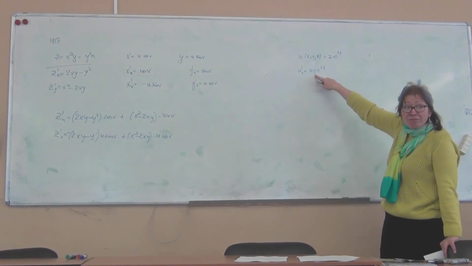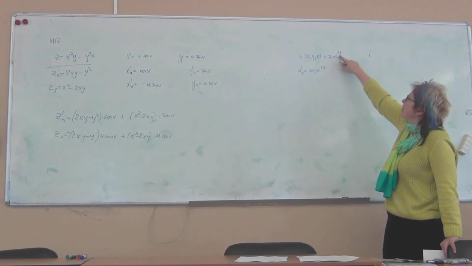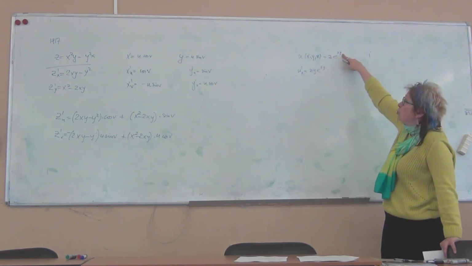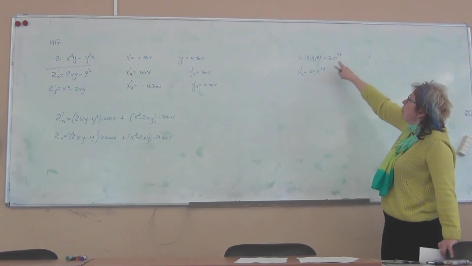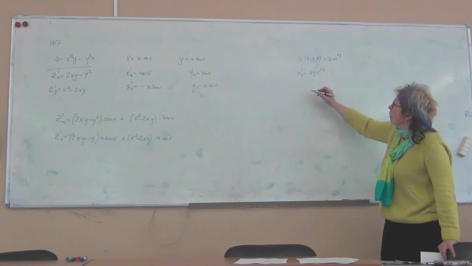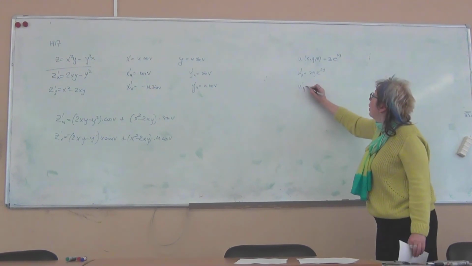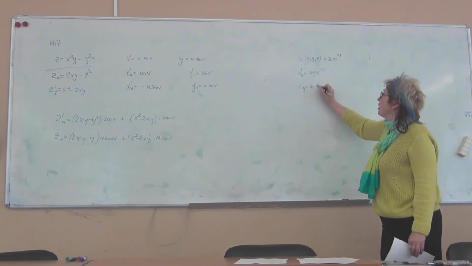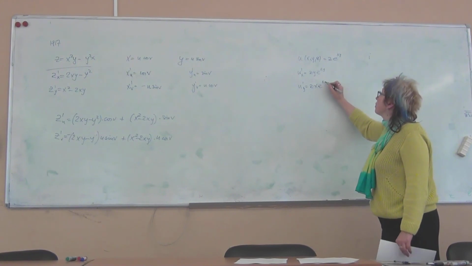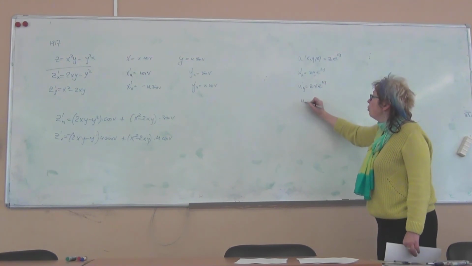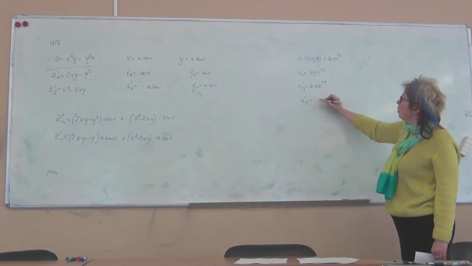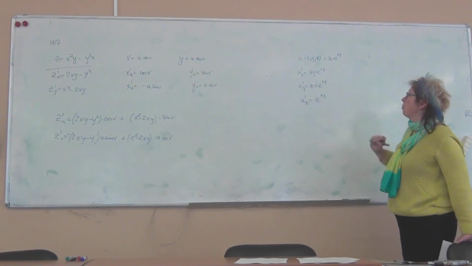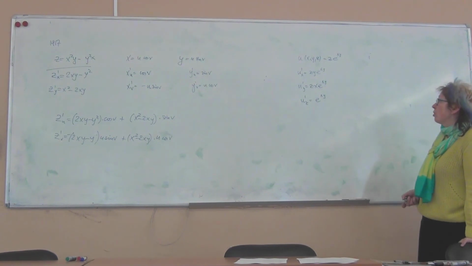Why? Because x times y, where y pretends to be a constant. So if I derive the exponent, the derivative is y. U derivative by y in a similar way, zx e to the power xy. And u derivative by z will be simply e to the power xy, because that will be like a constant.